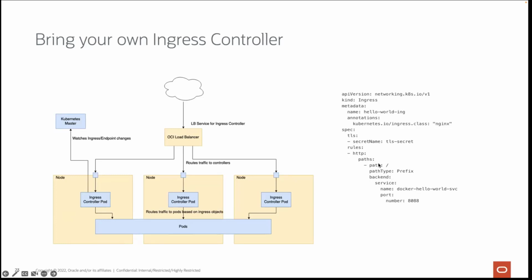So whatever paths you define in your Kubernetes service definition file, it would do the routing accordingly. The Ingress controller then routes the traffic to the applicable pods eventually. When the traffic comes in, you have a load balancer that is created by OCI. This OCI load balancer looks at the definition that you as a user defined in your service definition file, and the traffic is routed accordingly.